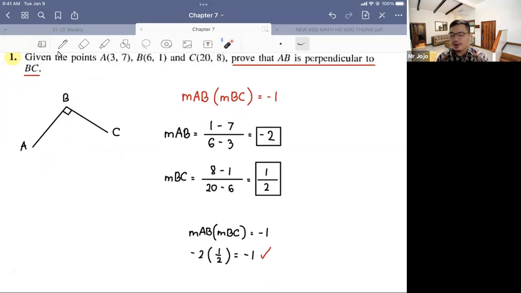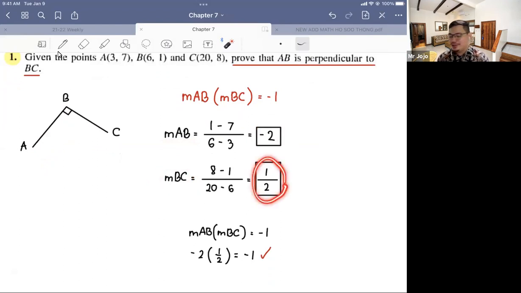My answer for the gradient of AB is -2. By the way, class, I didn't write the formula for gradient because I believe you know it by heart. The gradient of BC is 1/2.